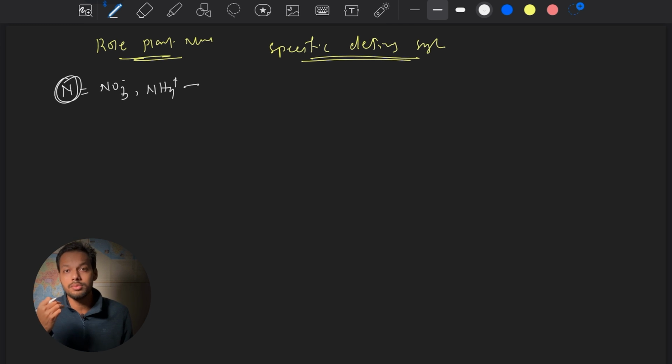So its deficiency symptom: as it helps in protein synthesis and chlorophyll synthesis, when nitrogen becomes deficient, protein synthesis cannot happen, right. So the plant will be stunted. As it is a major constituent of chlorophyll, you will find chlorosis, that means yellowing of the leaf. Due to chlorophyll, the leaf color is green or dark green, but when there is nitrogen deficiency, you will see yellowing, or chlorosis, in the lower leaves, because these are highly mobile.